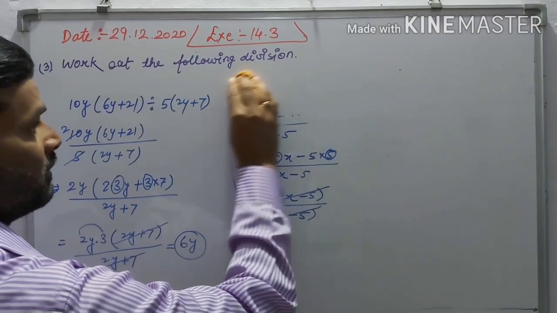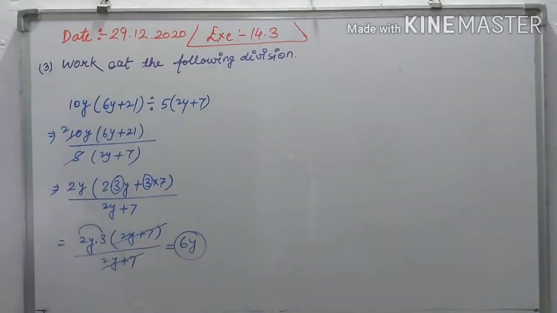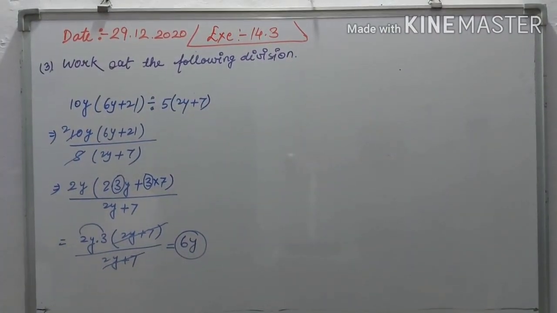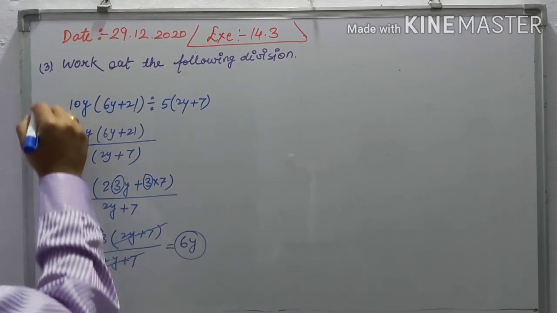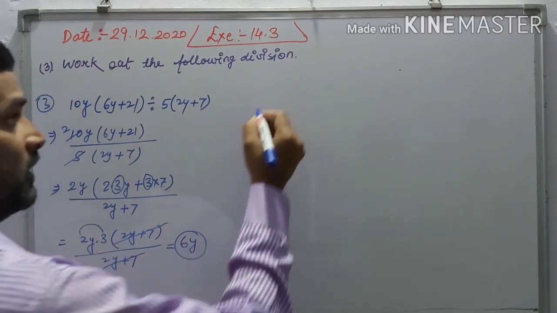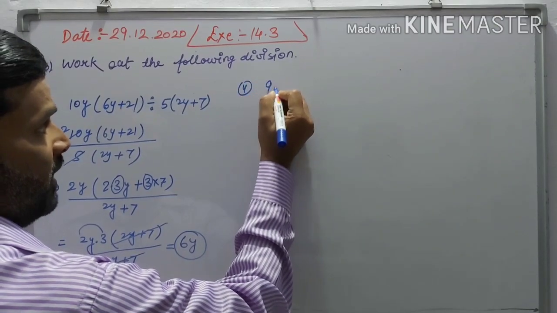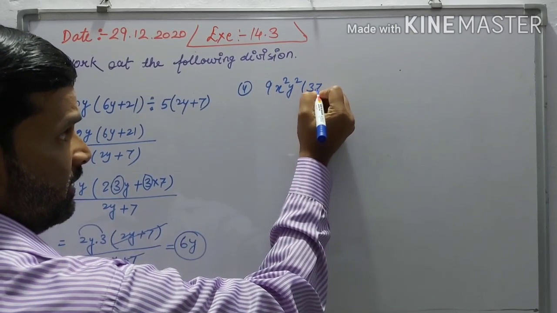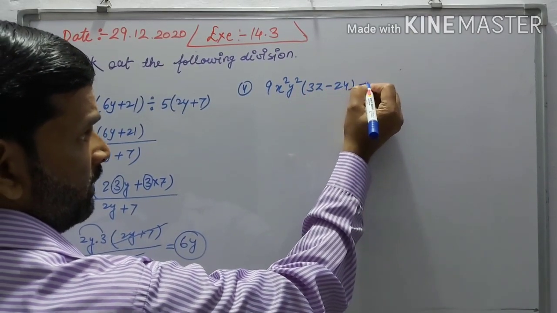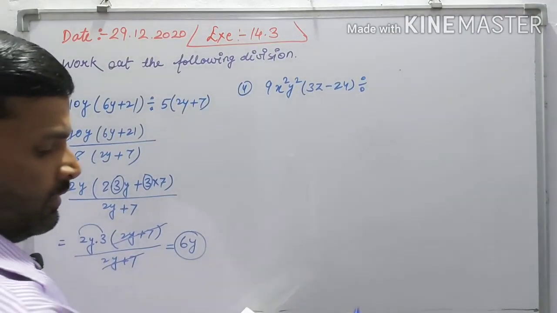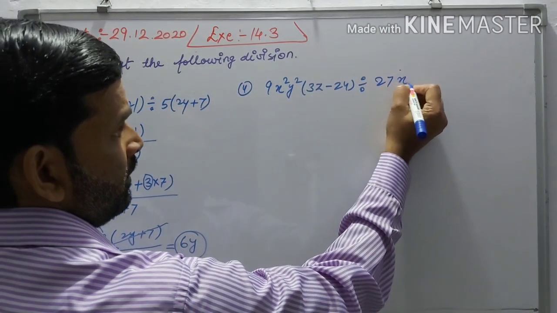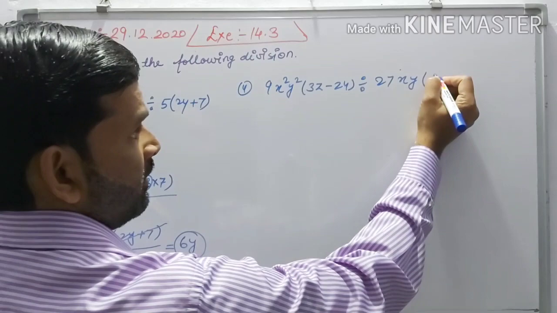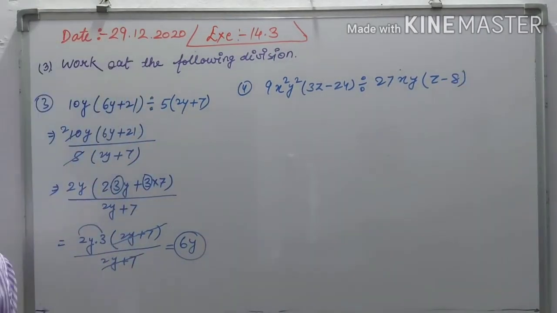And next is question number 5, part 4. This is the question: 9x square y square, in the bracket 3z minus 24, divided by 27xy, in the bracket z minus 8.